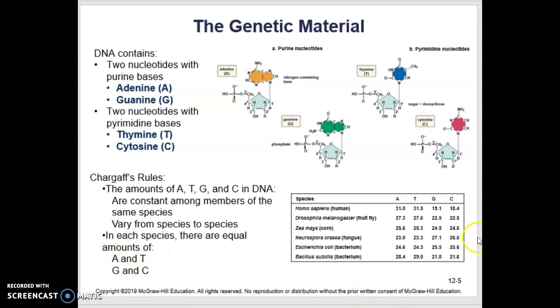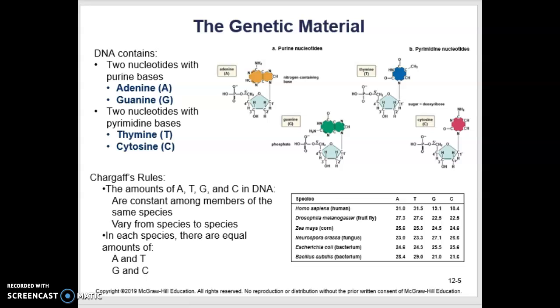So if you look at this chart over here, Homo sapiens, humans, we had 31% adenine and 31.5% thymine. That's very, very close. Same for guanine and cytosine, 19.1 and 18.5, very, very close. About the same amounts of adenine and thymine, and about the same amounts of guanine and cytosine. But they differed between the species.